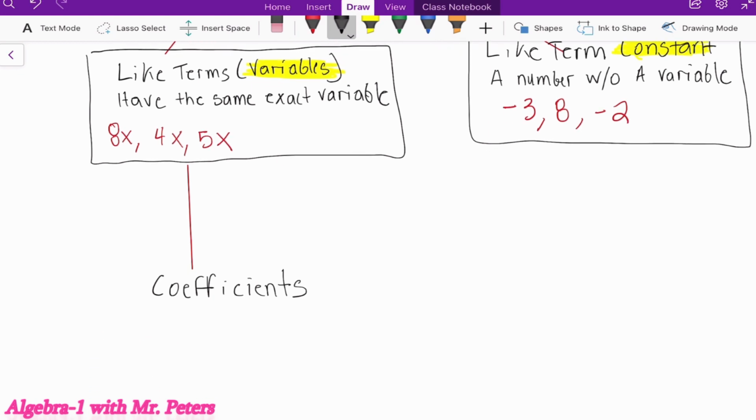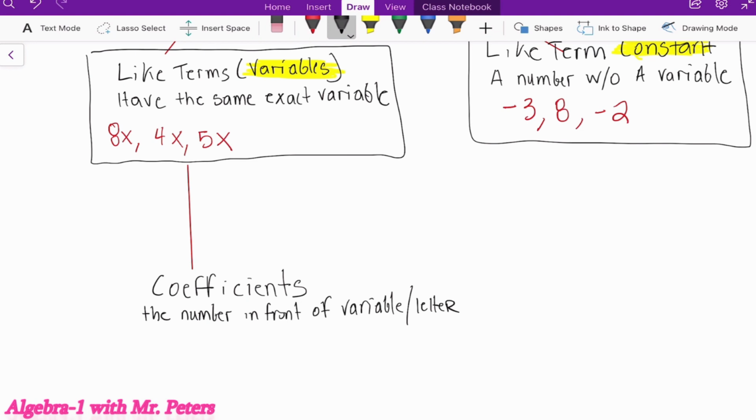So a coefficient is just the number in front of a variable. That's all it is. So let's write that down. The number in front of variable, and I'll just put /letter, right? Just so we're extremely clear.